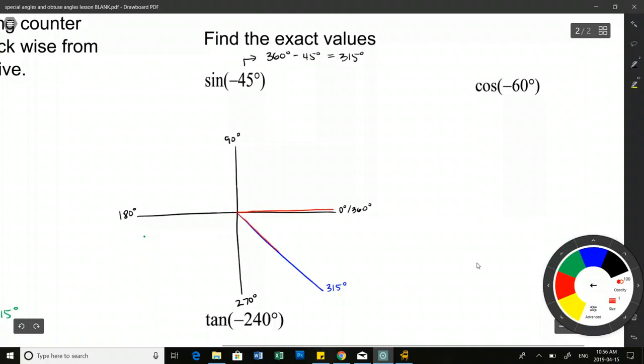What's this slice? It's got to be 45, right? Because if I'm rotating clockwise 45 degrees, this little slice must be 45 degrees. Okay, so let's make our right angle triangle with the closest x-axis. We'll label the remainder of our sides 1, 1, and root 2.